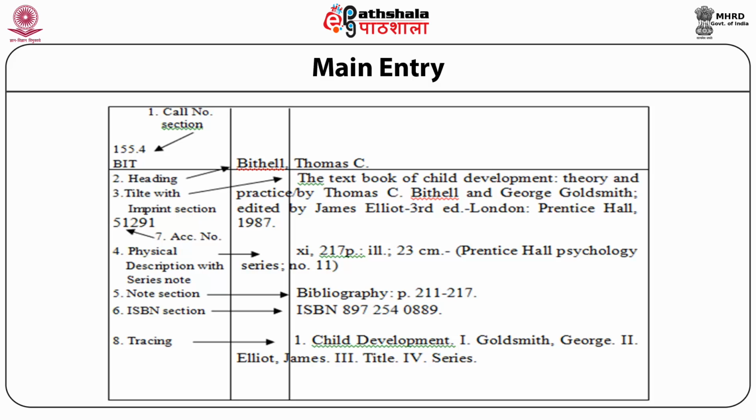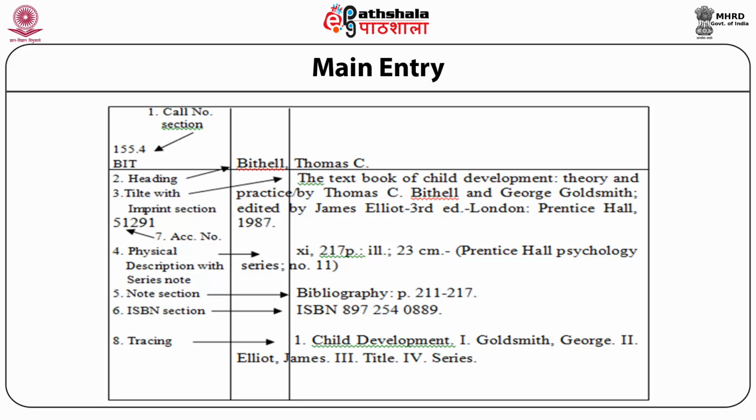And the last section, section 8, tracing, is given on the bottommost lines of the catalog card by numbering in Indo-Arabic numerals. Child development. This is the subject of the book. Dot, first, Goldsmith, George. It is the name of the second joint author. Dot, second, Elliott, James. It is the name of the collaborator.